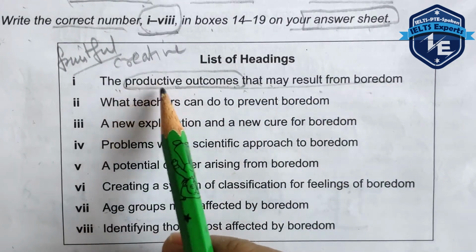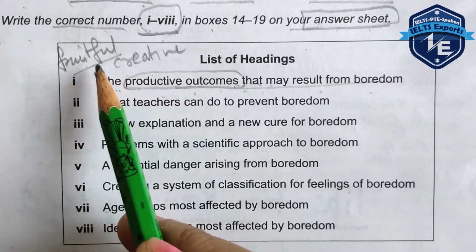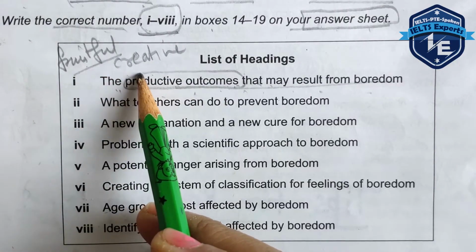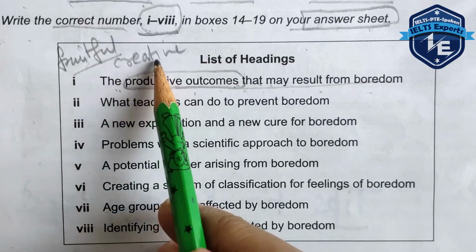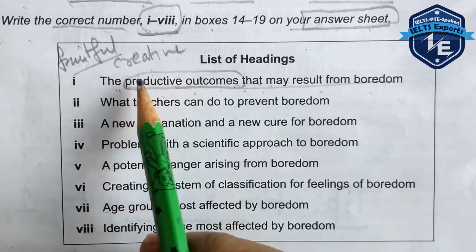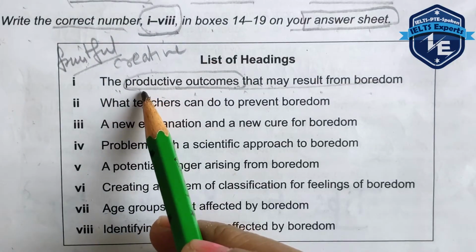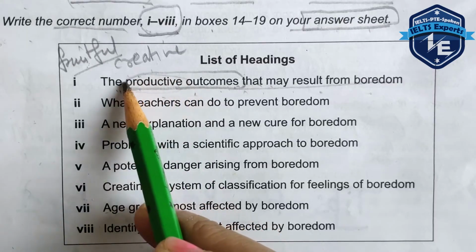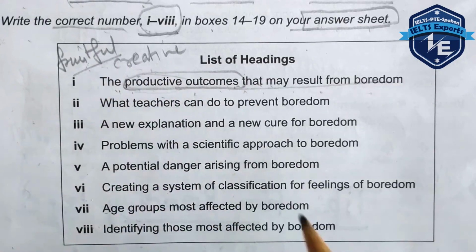So side by side, underline the keywords and try to take out some synonyms. Of course, in the examination hall, you are not going to write these words on the question paper because it's a waste of time. You have to remind it into your mind that for getting this word you can find these kinds of synonyms or other words in the paragraph.